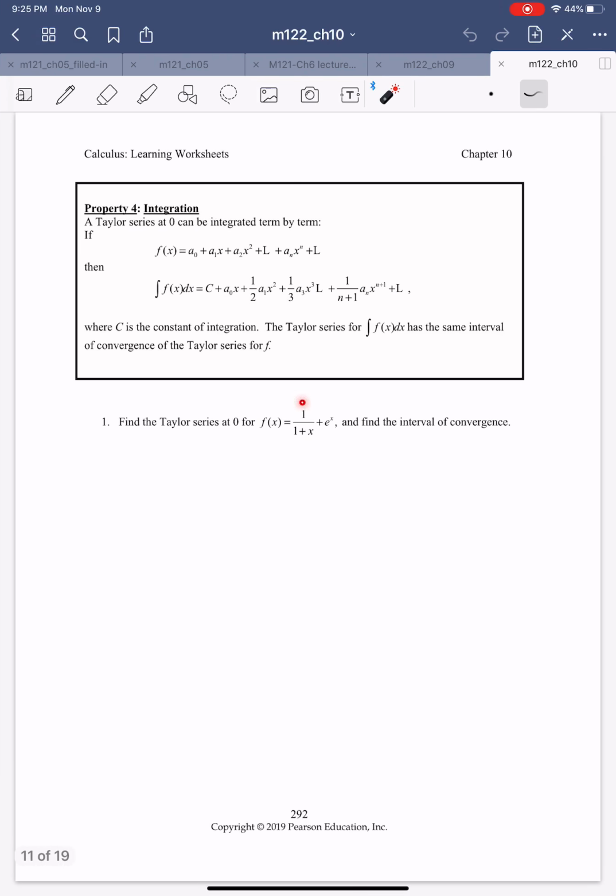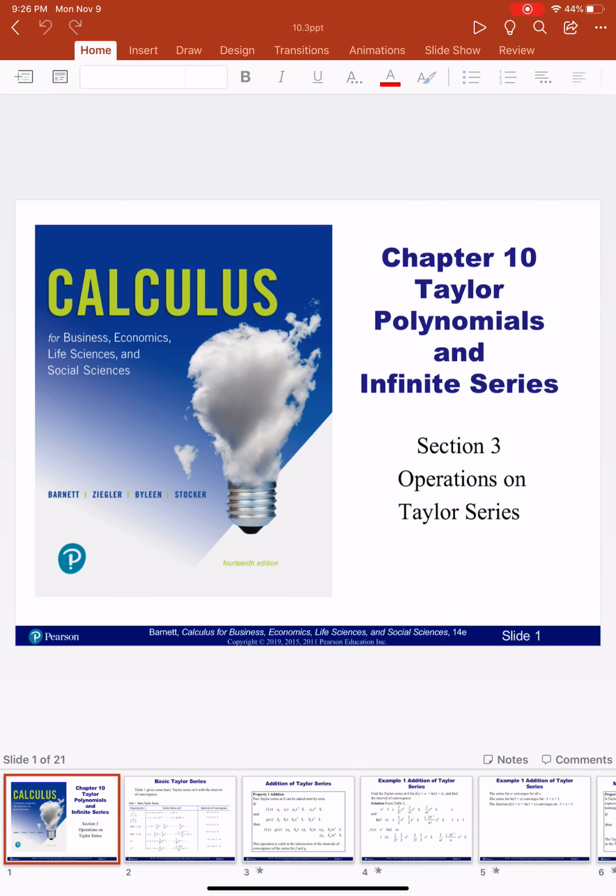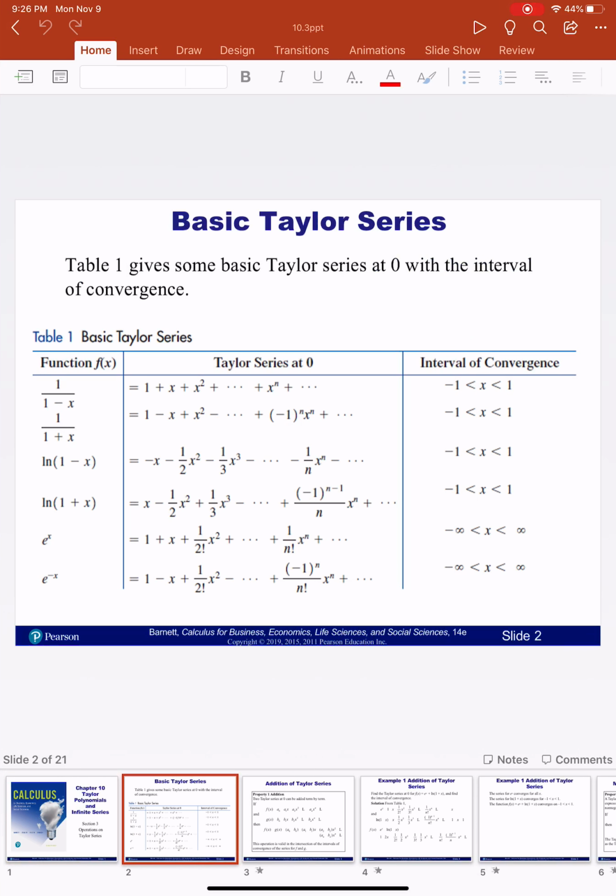And we know them term by term. So, recall, that's what I've noticed. And if you look at the table given in the PowerPoint in section 10.3, these are some basic Taylor series with the interval of convergence, and we have these two given.